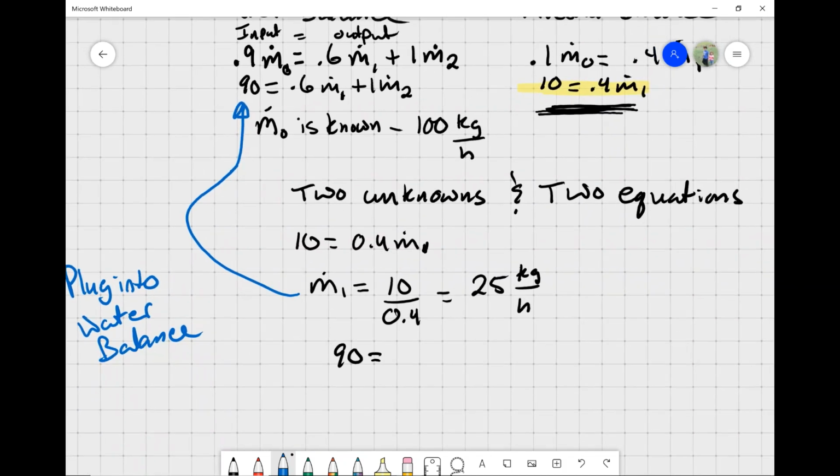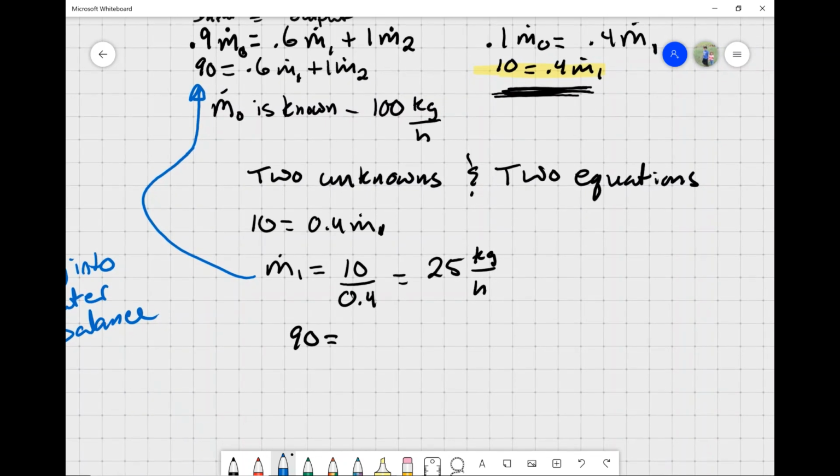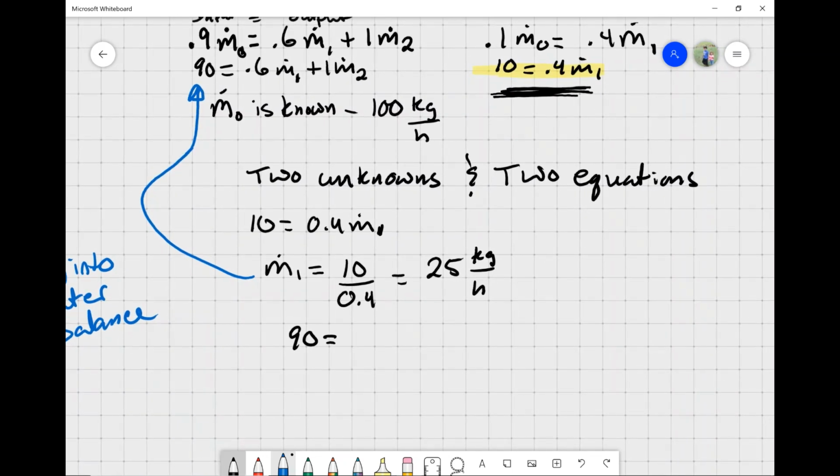So we can plug that into the water balance. And so 90 equals 0.6 times 25 plus M2.